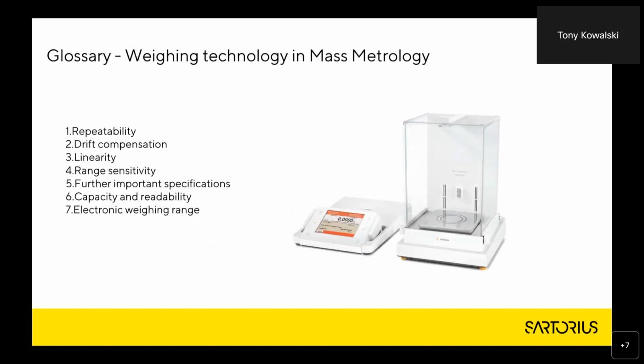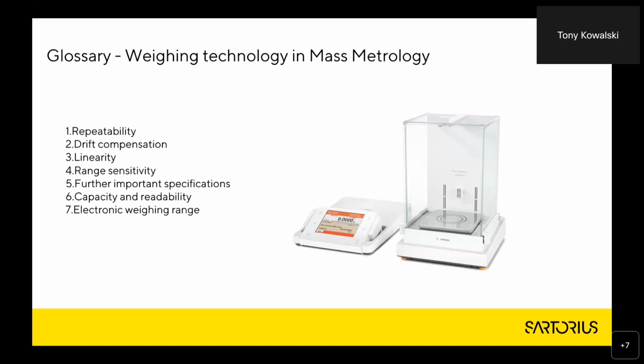So let's start to consider some of the terms. We're going to look at what we mean by repeatability, how we calculate it through a drift compensation method. We need to look at linearity, and linearity is more important to know on a laboratory balance, but we'll explain why we still want to look at it on a mass comparator, because what we're more interested in is what we call range sensitivity.